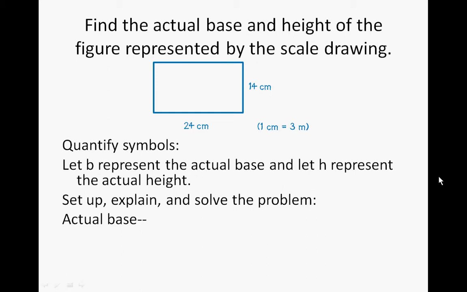To set up the problem, our scale, and I went ahead and did drawing to actual, would be 1 centimeter to 3 meters. And we want to get the actual, so since we are given 24 centimeters for the base, we need to know what that is in meters. So 1 over 3 is equal to 24 over B.